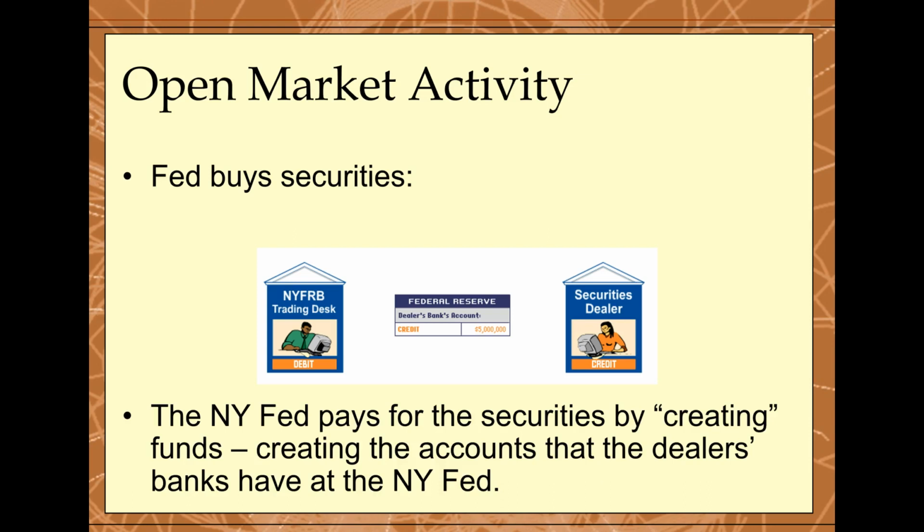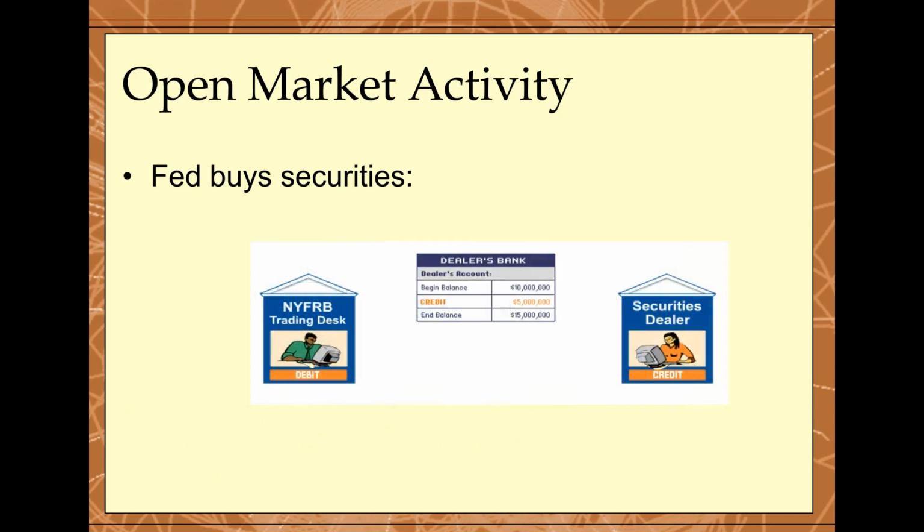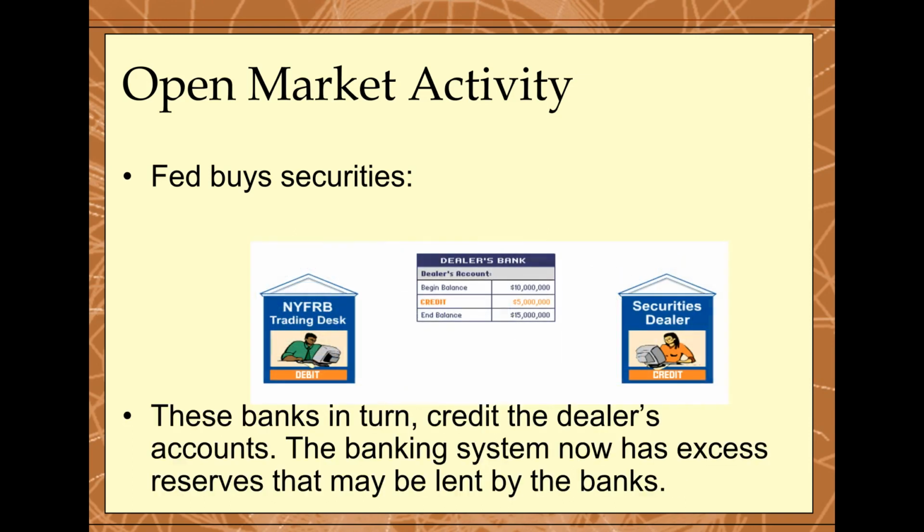The New York Fed pays for the securities by creating funds. They can create money by simply electronic debits or credits, creating the accounts that the dealers' banks have at the Fed. These banks in turn credit the dealers' accounts. The banking system now has excess reserves that may be lent to other banks.